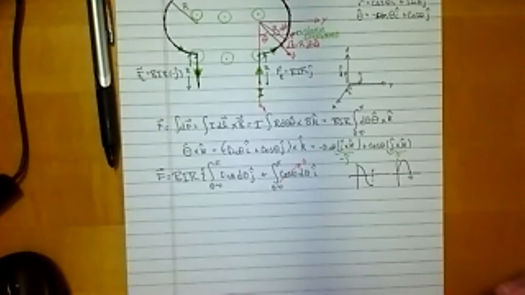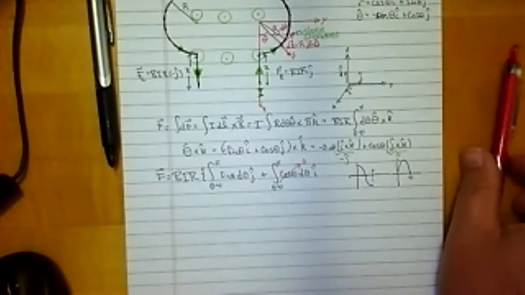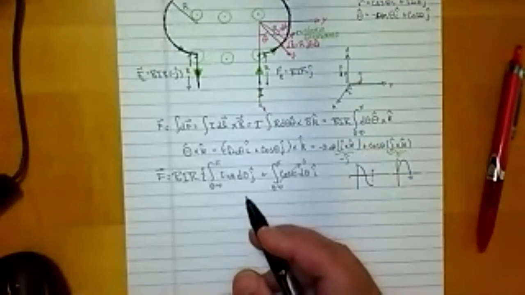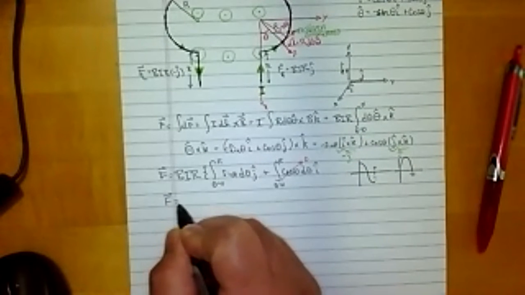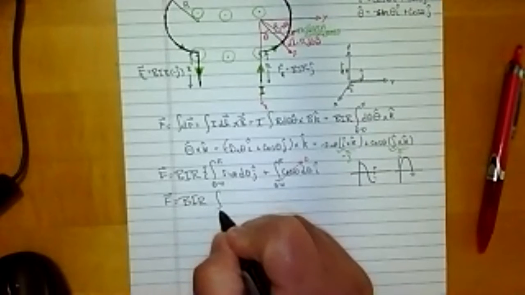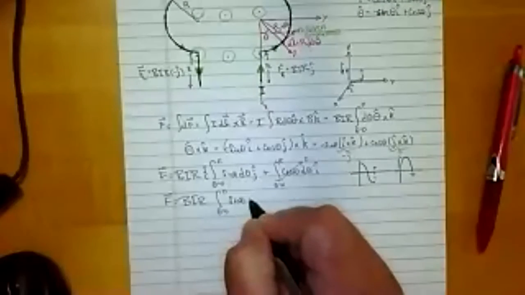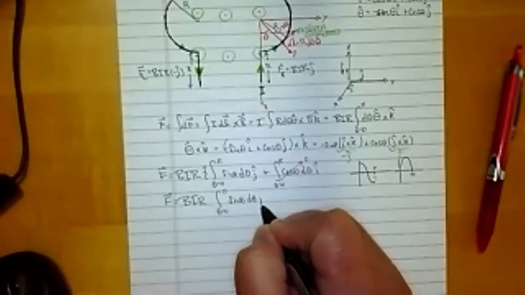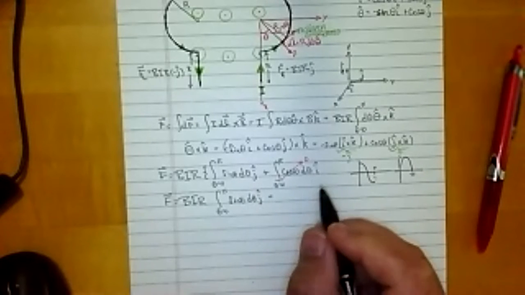So now our integral has become this really simple thing, the integral of sine theta d theta, and it gives us a result in the j hat direction. So I now have that F is equal to B I R times the integral from theta equals 0 to pi of sine theta d theta in the j hat direction, which is actually equal to the negative cosine.